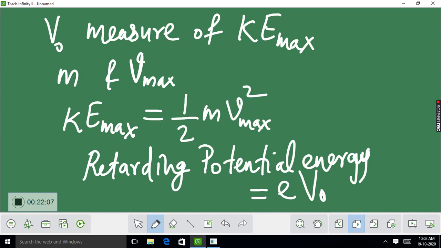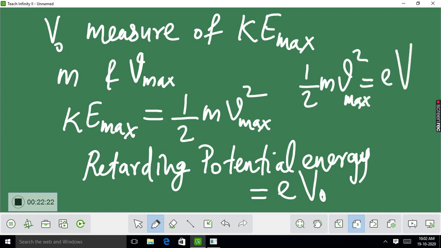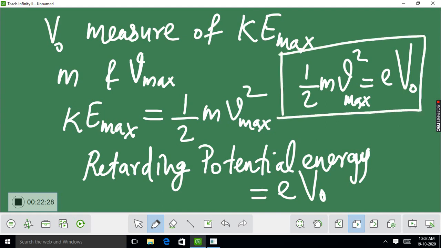The maximum kinetic energy is balanced by the retarding potential energy. Therefore, we can write half m Vmax square equal to e V0.